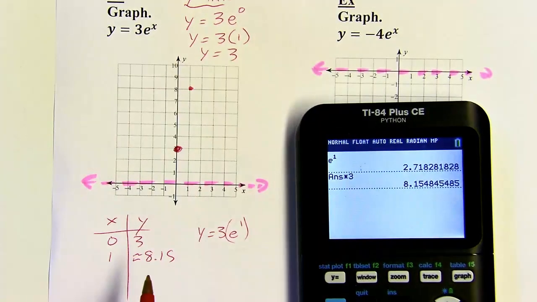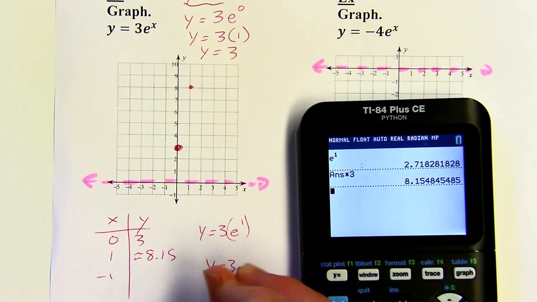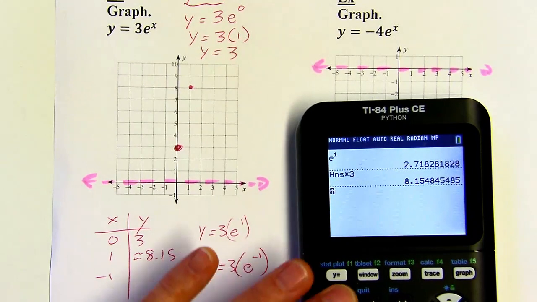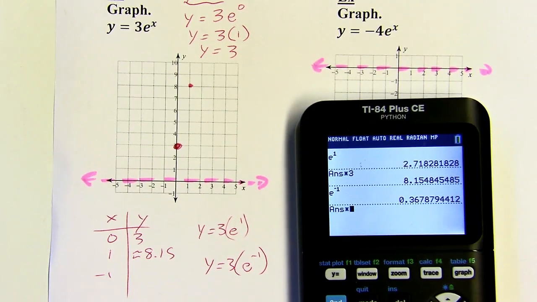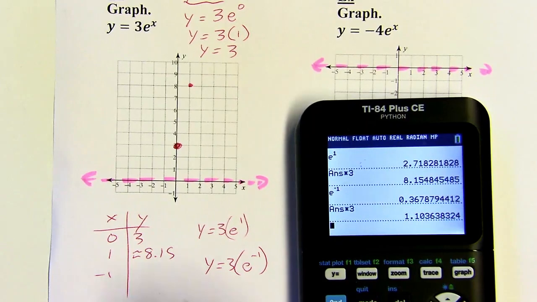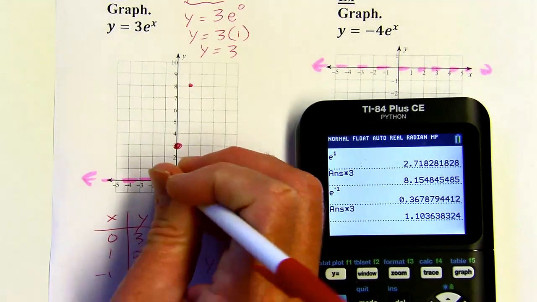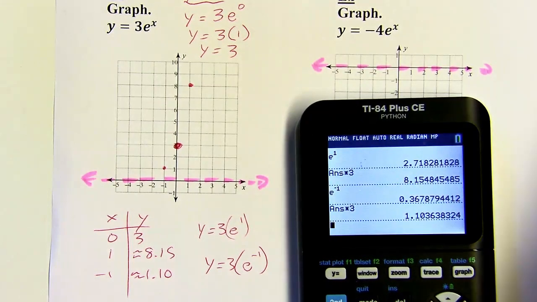Now I'm getting a pretty good idea what my curve's going to look like. Let's try plugging in a -1. On my calculator, e to the -1, and then multiply that by 3, and I got about 1.1. So at -1, 1.1. And then I can see what my graph is looking like from there.